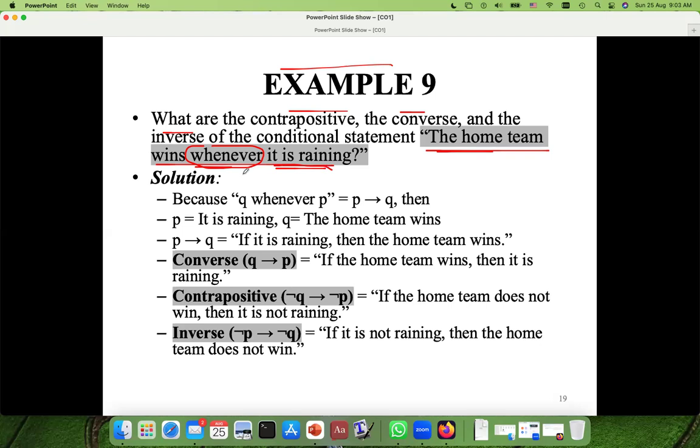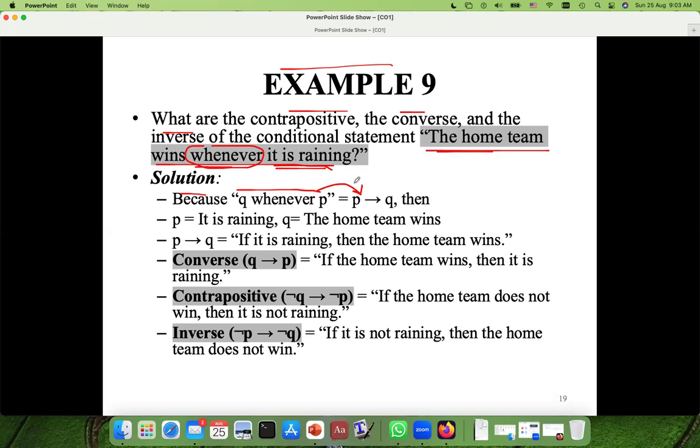So that's why in these solutions I tried to first convert all that into the form of P implies Q, because P implies Q, which is if P then Q, is the easiest form. So here I'm writing first that in this question we have a Q whenever P pattern, which is equal to P implies Q finally.